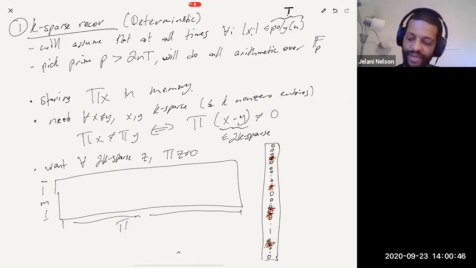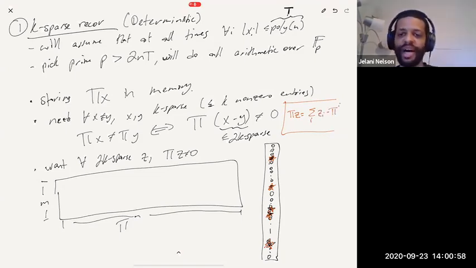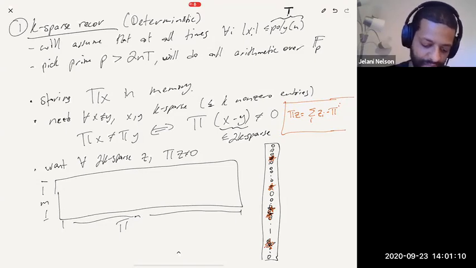So remember, this is just a general fact about linear algebra. Pi z is the sum over i of z_i times pi_i, where pi_i is the ith column of pi. This is just a fact about matrix vector multiplication. So the only things that are relevant in pi z are the columns that correspond to non-zero entries of z.